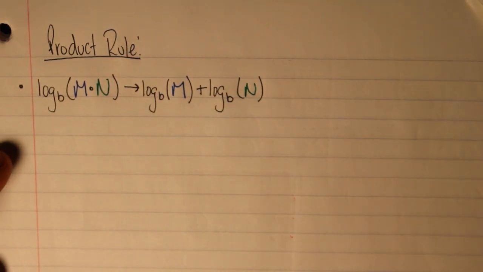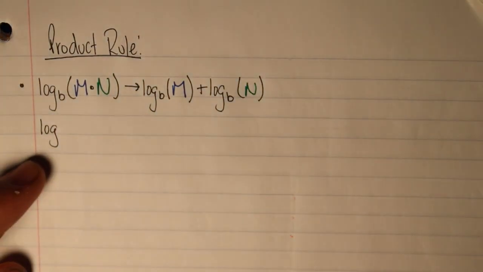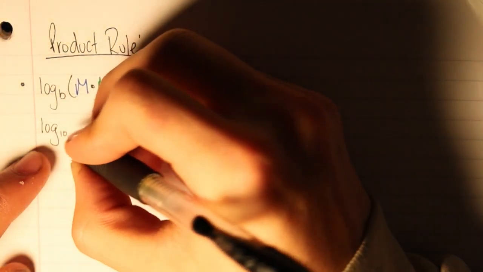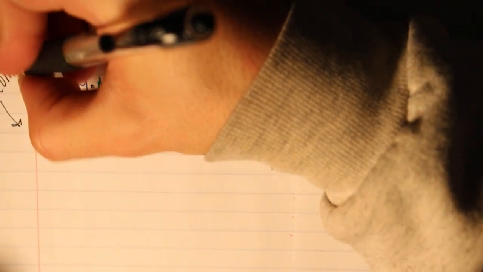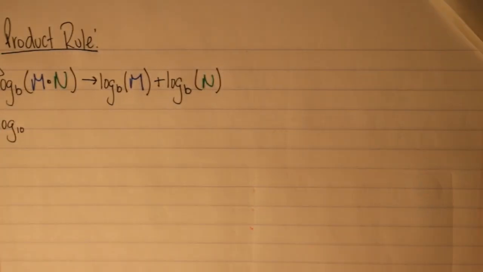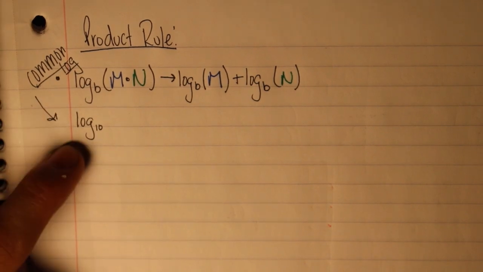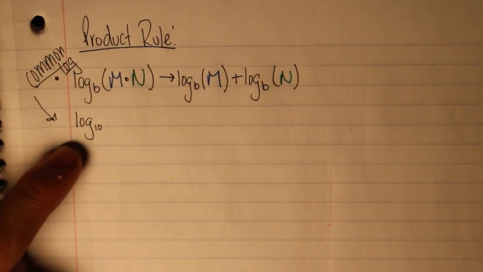In this product rule, let's say we have a common log, all right? A common log is log base 10. That's what a common log is. I'll even write that down for you. Common log. All right? Here, let's see if you can see that. There. Log base 10 is the common log, all right?